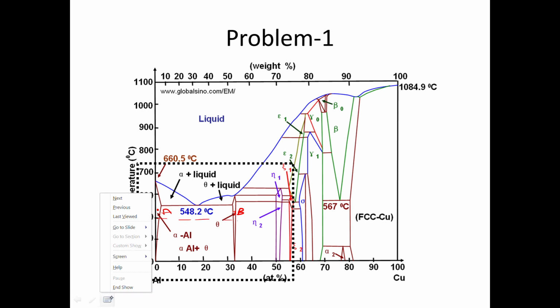So if I do the diffusion annealing, this is alpha aluminium and this is theta. If I do the diffusion annealing at 500 degrees Celsius for 24 hours, or 6 hours, 7 hours.